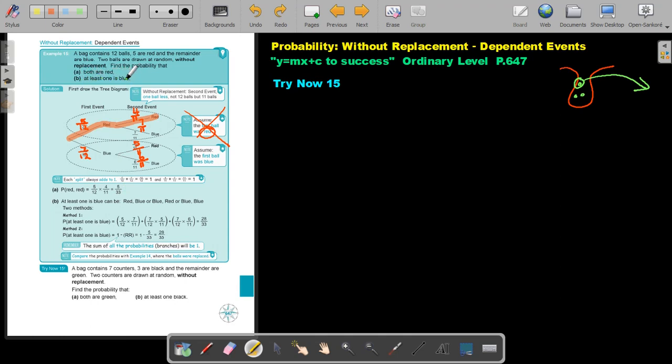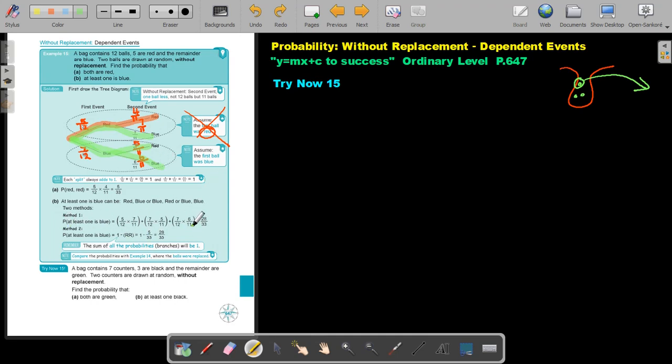Okay, at least 1 is blue. Oh, be careful for this at least. That means 1 blue, 1 red, but it can also be just blue. So it's actually, can you recall, it's this one, which is a red blue, or the order doesn't matter, blue red, or a blue. So can you remember how did we do?